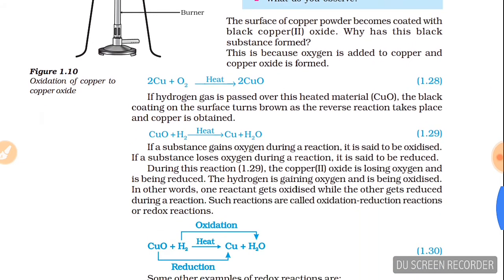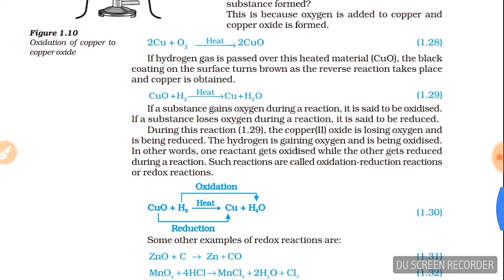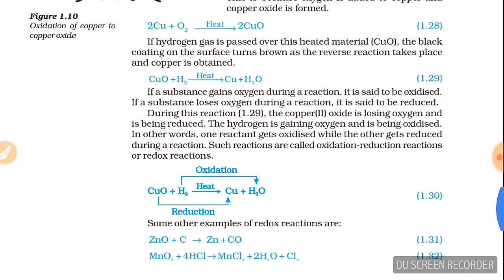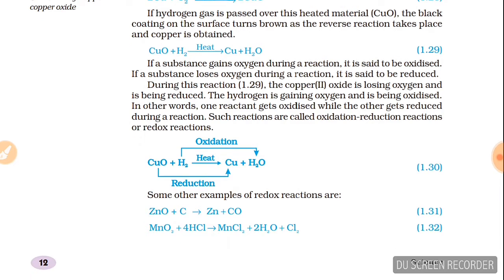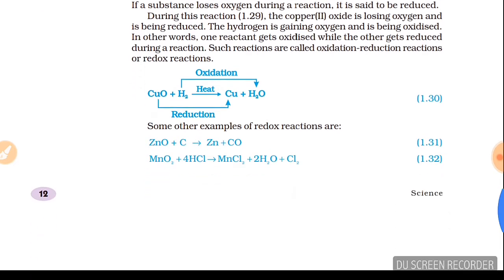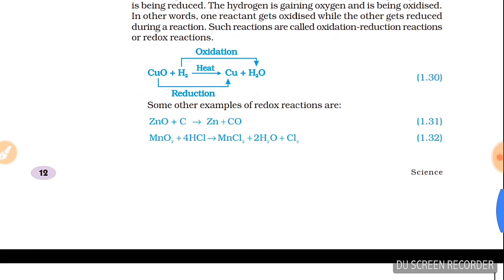Here the example is given: Cu plus O, copper plus oxygen will give copper oxide. So here copper is getting oxidized. In the same way, copper oxide when it reacts with hydrogen, it is getting reduced. The next example is copper oxide plus hydrogen.